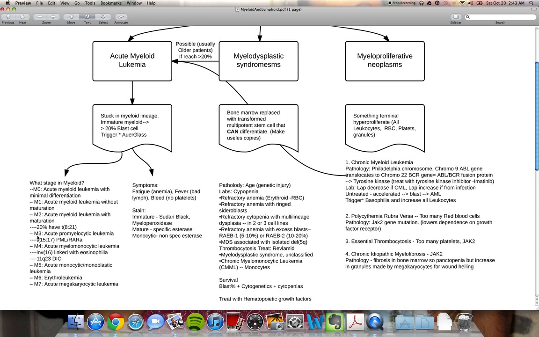M3, 100% of patients have a translocation with 15 and 17, which joins your PML, which is on 15, and your retinoic acid receptor alpha, which is on 17. M4, you can have inversion in 16, which is linked with eosinophilia, which is a better outcome, and 11q23, which is linked with DIC.